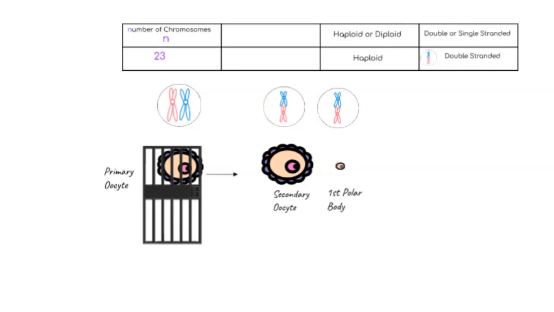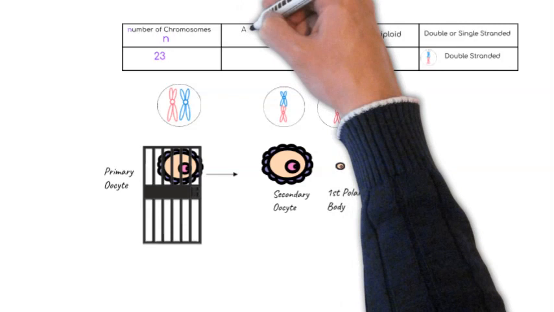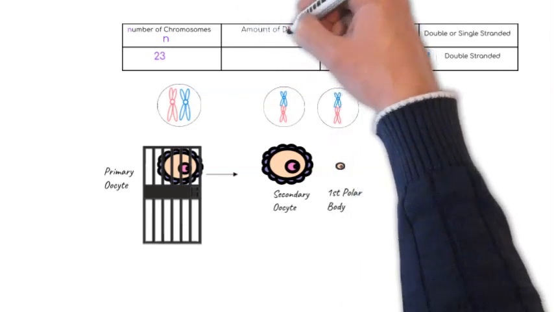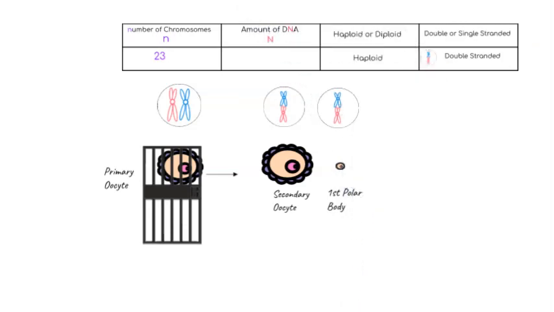And then when they are separated, when they are divided, you get 23 in each, but you still have double-stranded chromosomes that did not split yet. So that's the first division. We haven't split the ones that are connected at the centromere, right? Those haven't split yet. So they are double-stranded, but the amount of DNA is what?